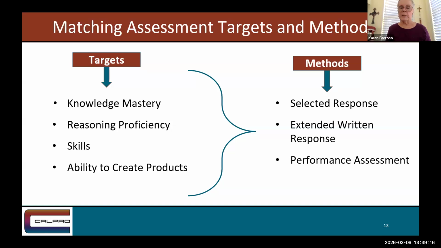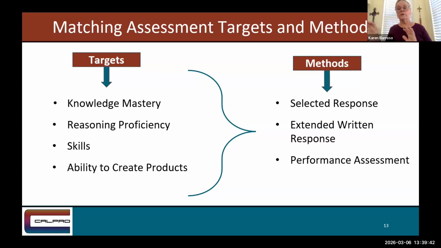Selected response, we know that, but it can be not just multiple choice; you can compare and contrast answers, even at a literacy level. Is this story about, and then they have to choose two things, and they're just starting to read, or they have a picture and they just see two pictures.